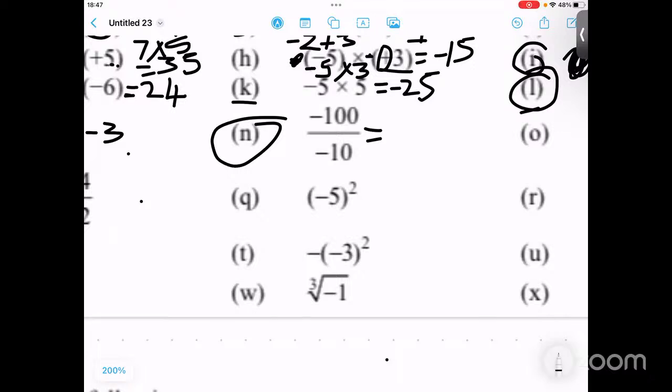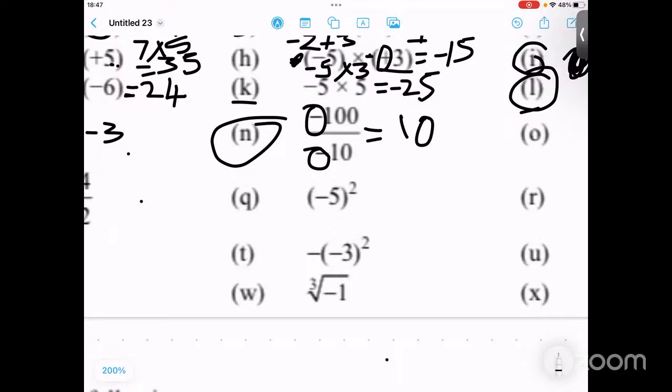So -100 divided by 10 equals +10. +10. And what happened to the negative signs? Asa, what happened to the negative signs?